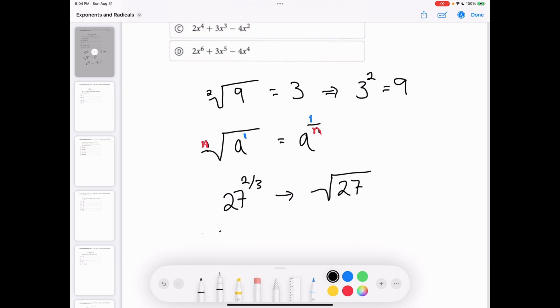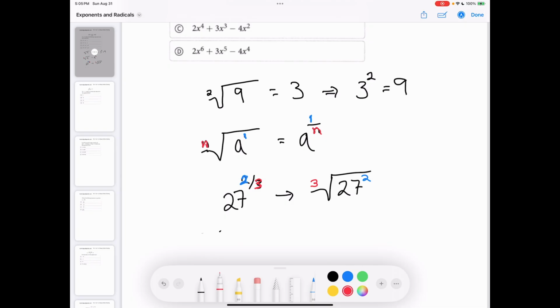The numerator, this 2, is what's going to be the power of the base, so I'm going to write the 2 in here. And then the denominator is going to be the nth root. So in this case, we have a cubic root, the cubic root of 27 squared. So I think that's enough background info, and we're ready to tackle the exercises.